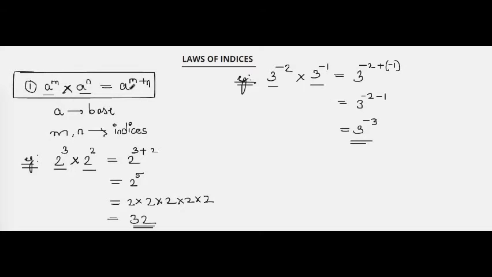The second law holds for division. Let me show you that. The second law involves division. I am going to use the same base, a raised to m divided by a raised to n. In this case, again the same thing, I am going to write the same base, whereas the powers now get subtracted. It becomes m minus n.